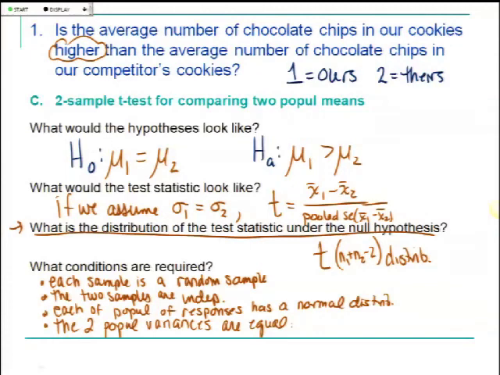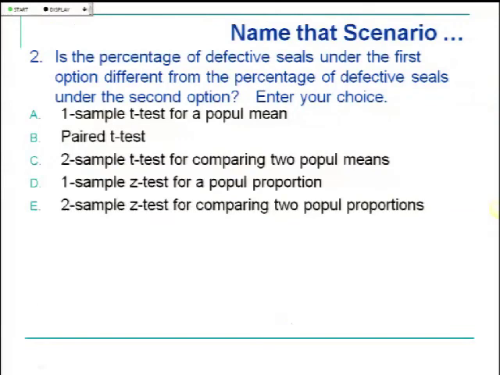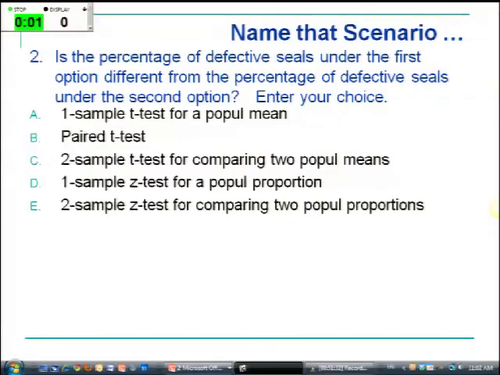Number two. Second question, click it in. We have these two different ways to seal the packages, and we want to know whether or not the percentage of defective seals under the first option is different from that for the second option. Obviously, you don't want the seals to be defective because then the cookies will go stale.